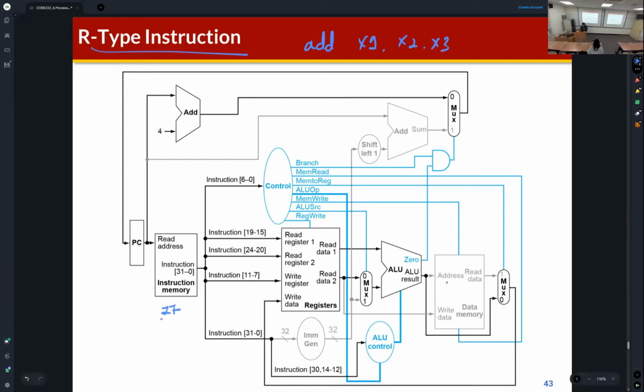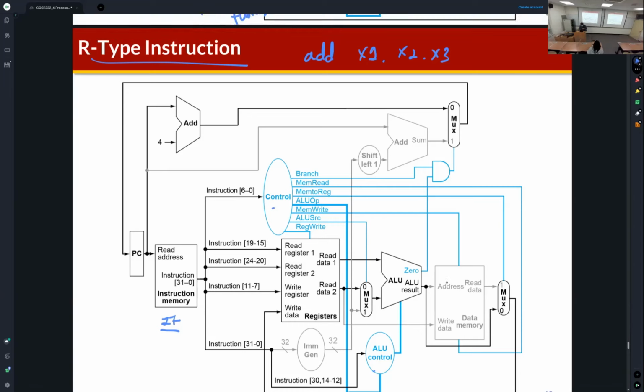As you can see, this read instruction is given to the control unit, so you can find the OP code field. Also, the other fields like RS1, RS2, then RD are given to the registers, and some other fields like the function 3 or function 7 fields are given to the ALU control unit.